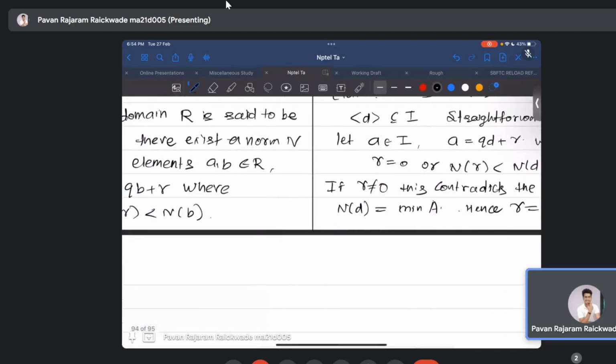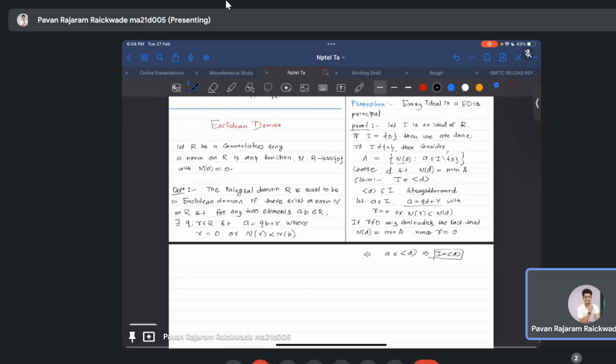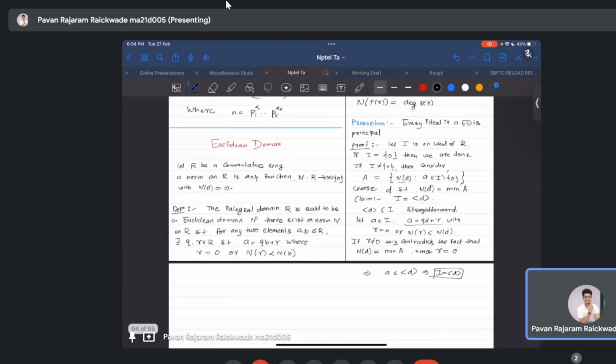But then what does this imply? Because if R is 0, A equals Q times D, so A belongs to the ideal generated by D, which implies I is the ideal generated by D. Right? So we have proved that any ideal I is generated by some element inside it.